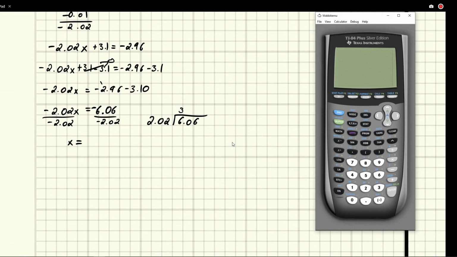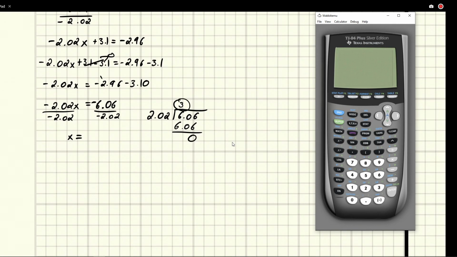And if we look at this, we get a 6, a 0, a decimal, and a 6. Now, technically, you would move this over, and then you would do things with the decimal afterwards, because you want to divide by whole numbers. But this one is so clear on what's happening that I'm just going to go ahead and do it like this. And we would get 0. So we could see that 3 would just be the result. So we'd have x equals 3.